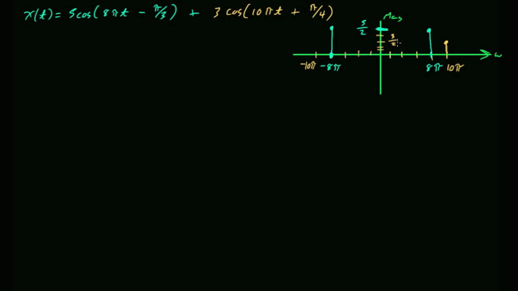That make sense? Good. Let's do the phase while we're at it. So I'm still dealing with my 10 pi. I've just described to you how much magnitude I have of it. What's the phase of it? Positive pi over 4. So I'm going to come over here to my diagram.